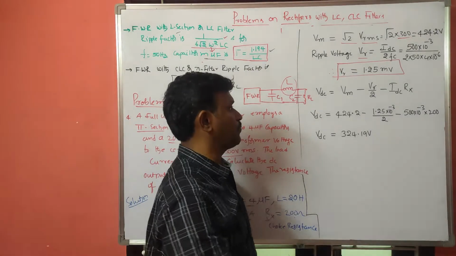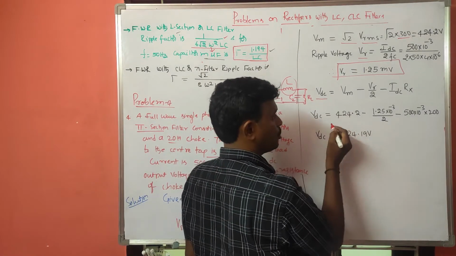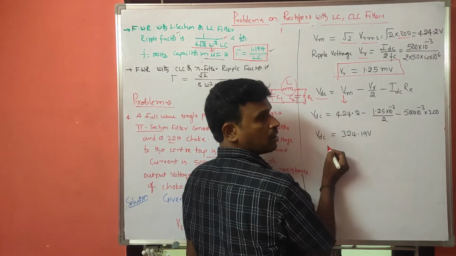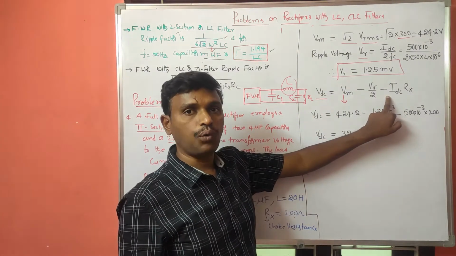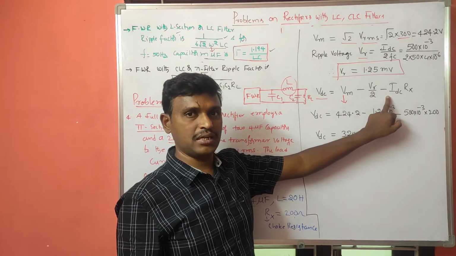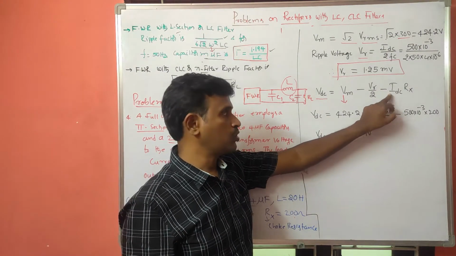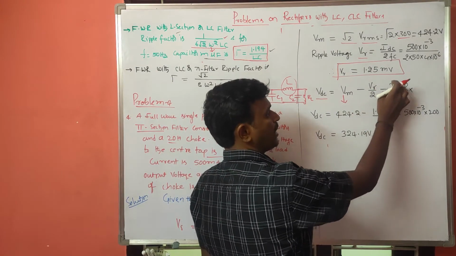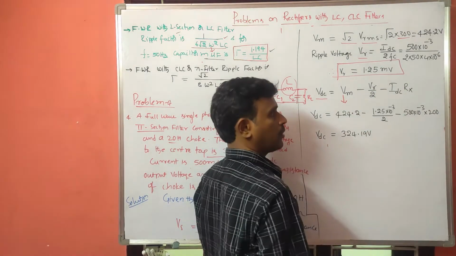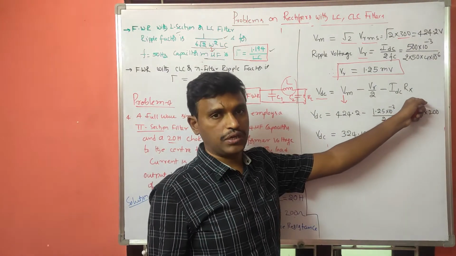Therefore, the equation for DC output voltage is Vm minus V gamma by 2 minus IDC Rx, where Rx is the choke resistance.